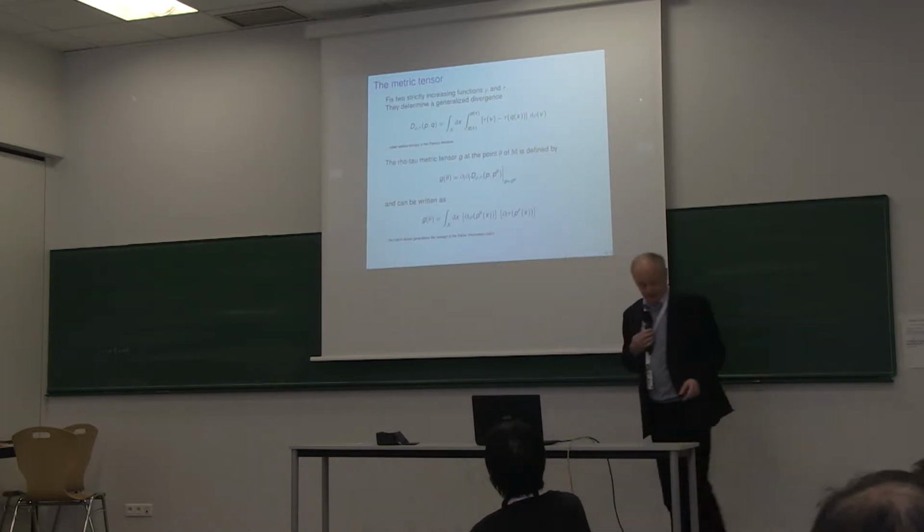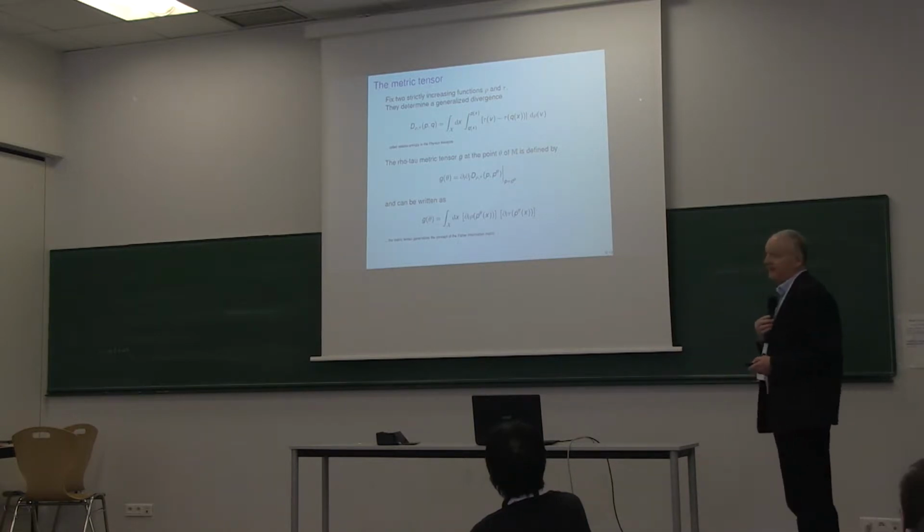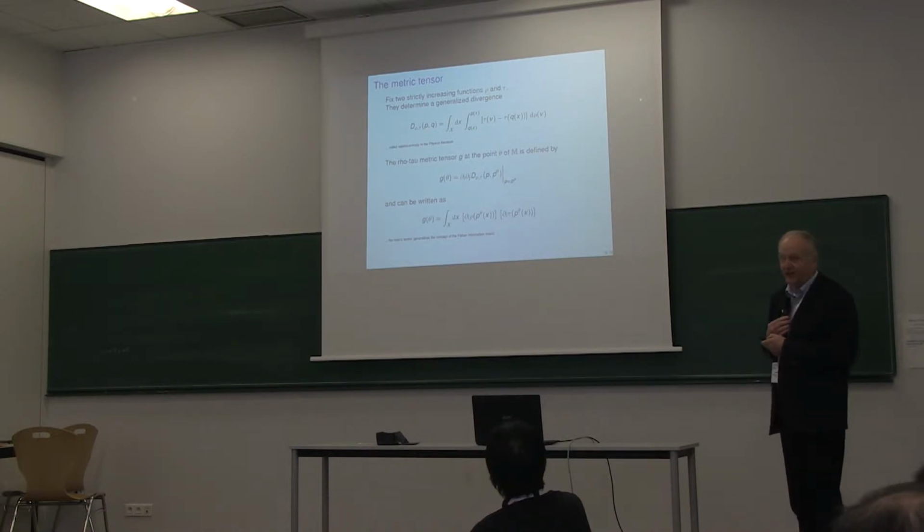The metric tensor, so I now start from the rho tau divergence formula, which is written here in a form which I like quite much, because the essential properties of a divergence function can be read off from this expression. X is the underlying measure space, P and Q are two probability distributions, and the integration here, V is just a real number.